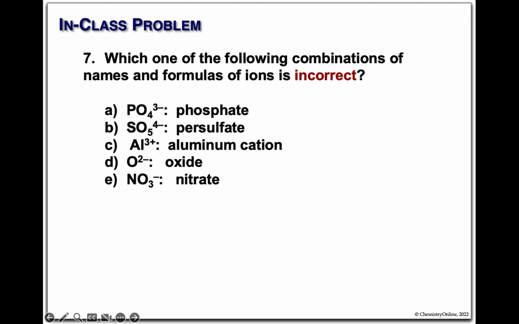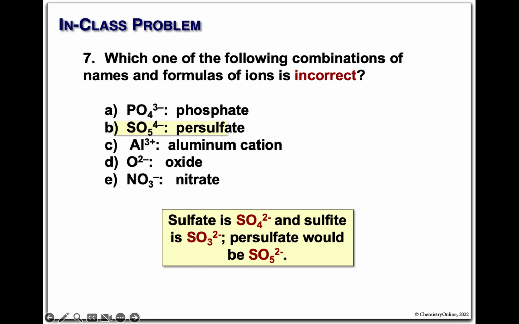Remember, sulfate is SO4 with a -2 charge. Sulfite is SO3. They all have the same charge. Persulfate would have one more oxygen and would be SO5 with a -2, not a -4. Everyone good with this?